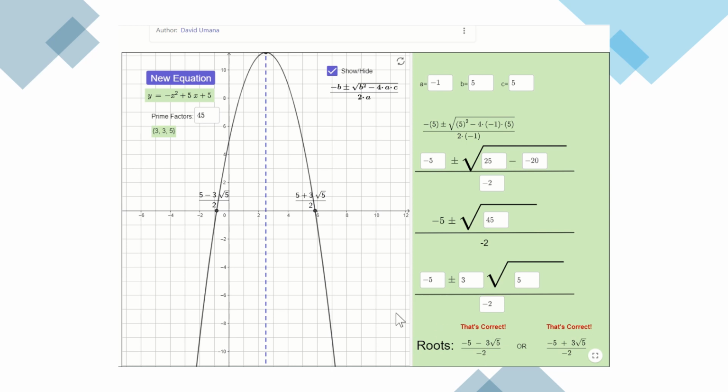Now I notice that the way that this has been written compared to the way this has been written, this has a positive 5 minus 3 square root of 5 over 2. But here's a -5 minus 3 square root of 5 over -2.